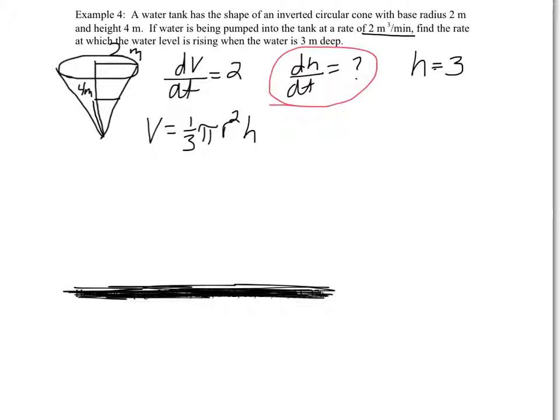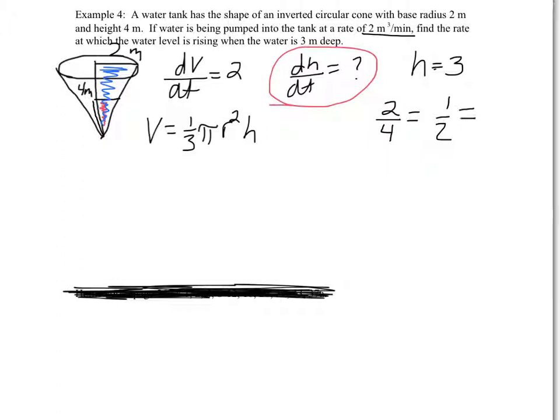If you notice, this triangle right here would be similar to this big triangle right there. So with that in mind, I know the relationship between the radius and the height is technically 1/2. So the radius to the height is 2 to 4, and we could say that's 1 to 2.